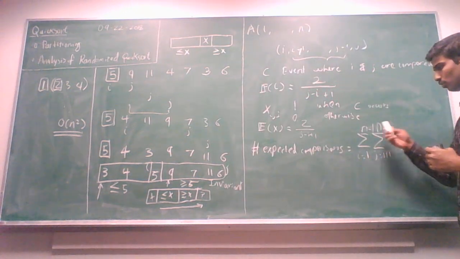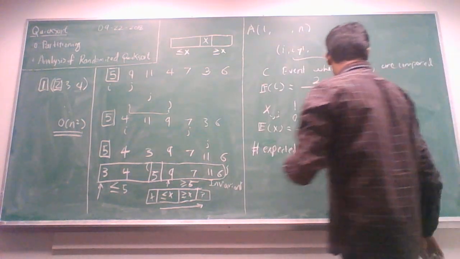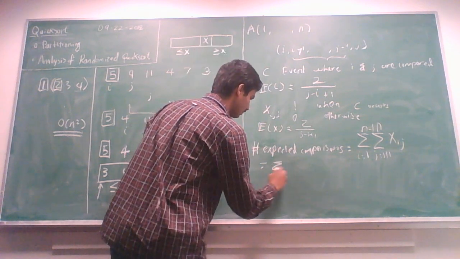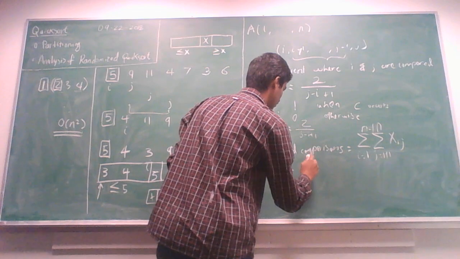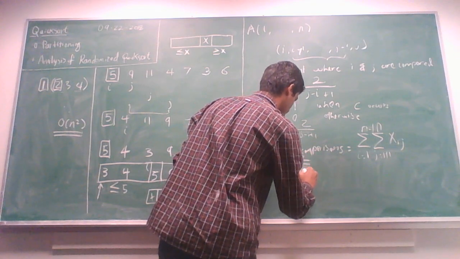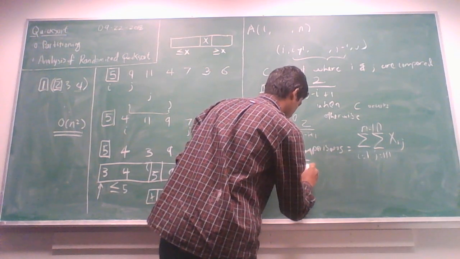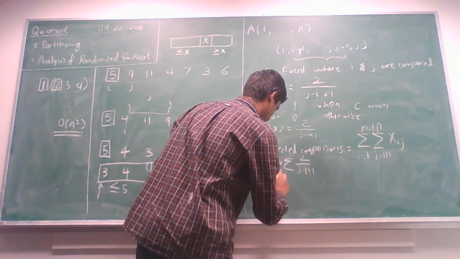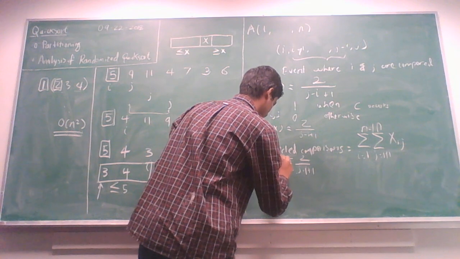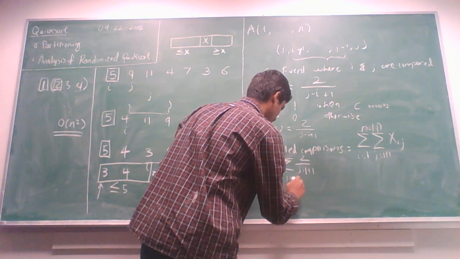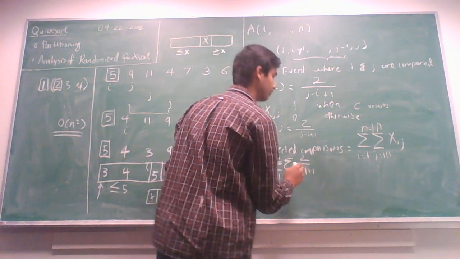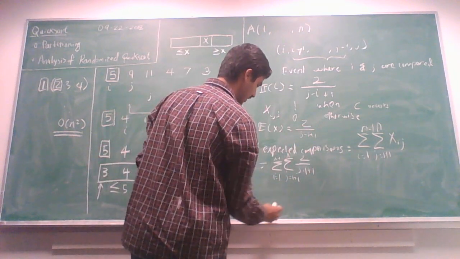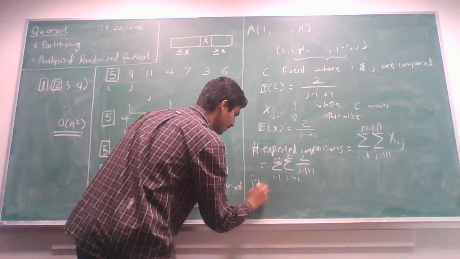Now let's try to bound this summation. Let's set j minus i as k.